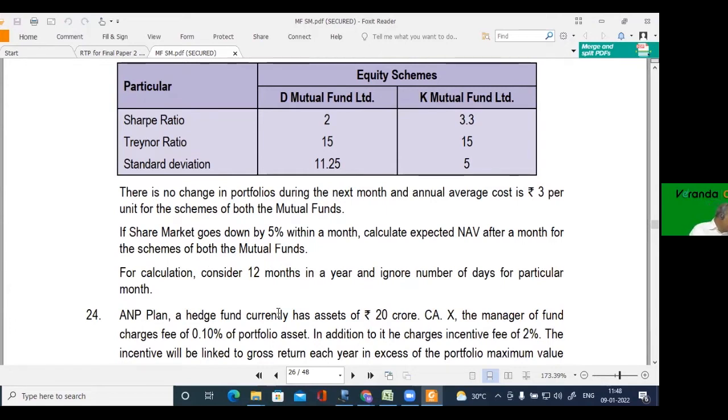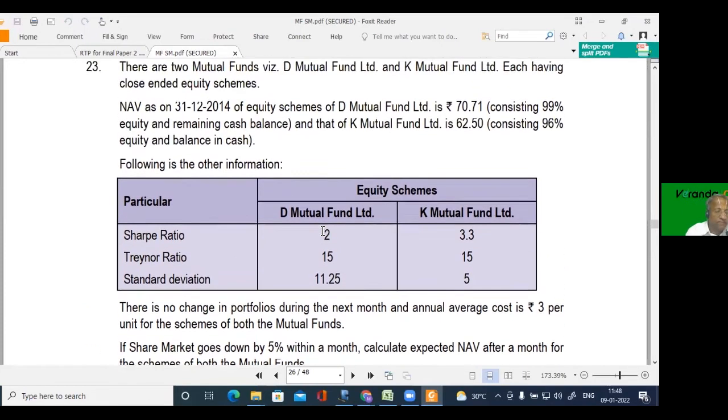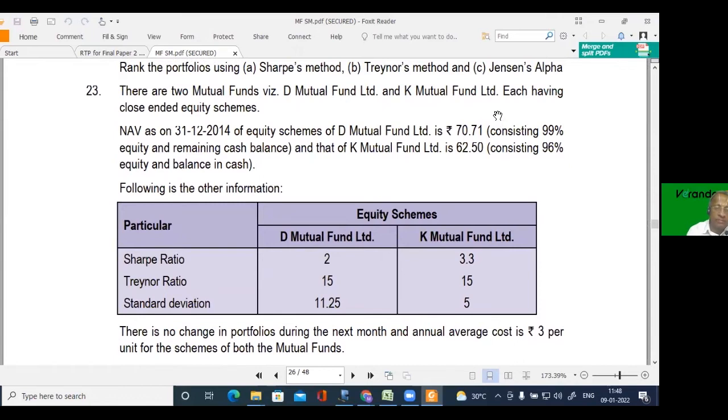See, how do we crack it? Now let us just crack this problem. Of course, I expect you people to have some knowledge about what is beta, what is this ratio and all that. We have equity scheme, standard deviation, they have mentioned.